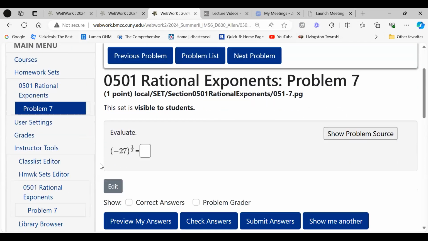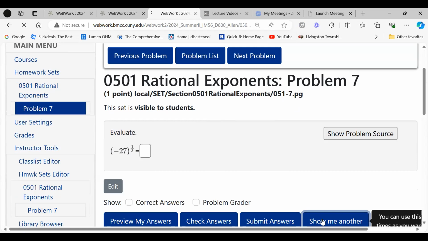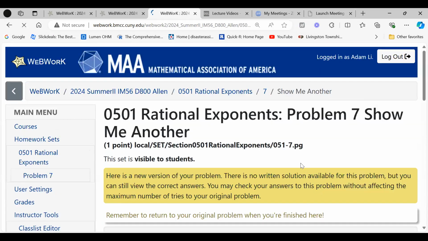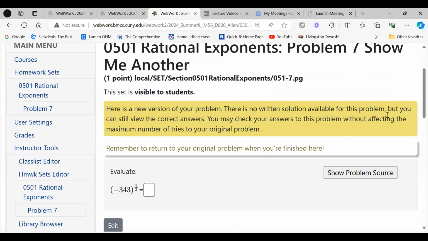Yes. So sometimes it could be a negative number, right? We haven't dealt with the negative number yet. So let me show another one. It's not those common numbers. Let's try the cube root of negative 343.